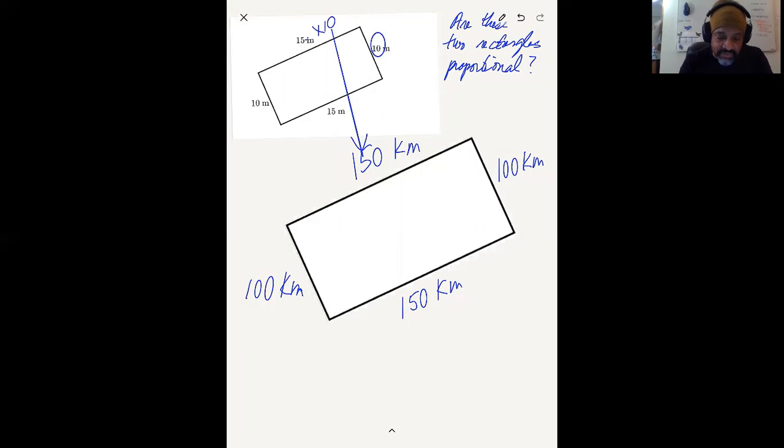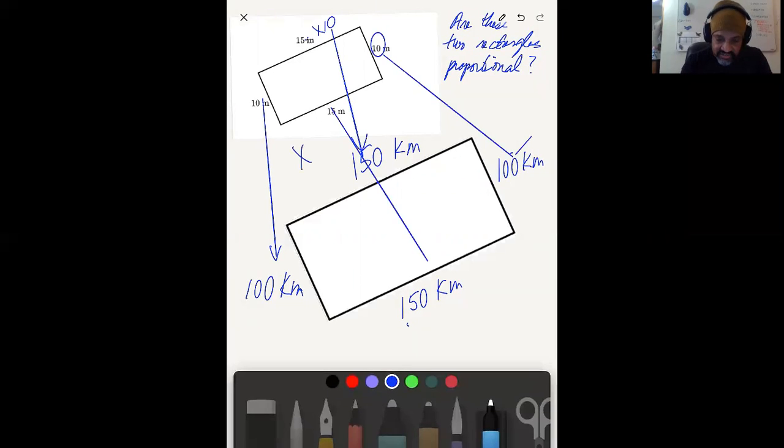If I multiply this number by 10, I get this number. If I multiply any number up here by 10, I get the corresponding number down there. That means that these 2 figures are proportional. Even though one is bigger than the other, they're still proportional.